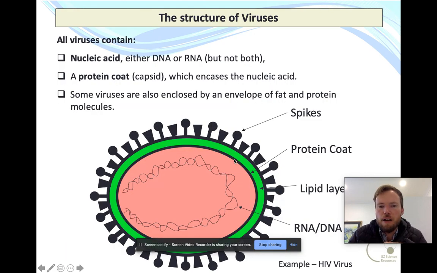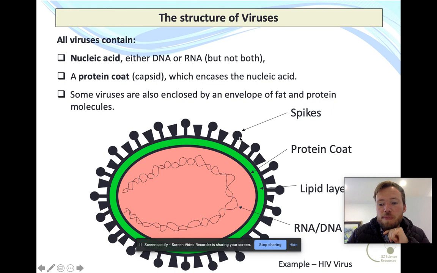So every virus will have genetic material, which is what it needs in order to get its proteins and genetic material made. This is what it's trying to replicate. And it will have a protein coat, which helps it to survive outside of a cell and helps it to get inside a cell.